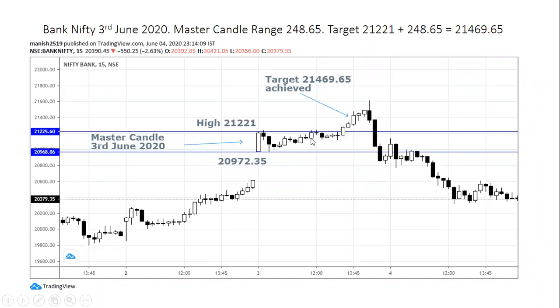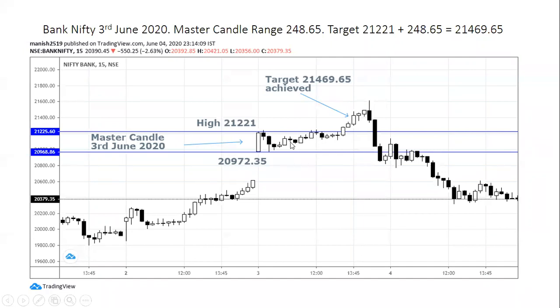So if you do 15 into 15, this was a 225 minutes long consolidation, and finally we got breakout in the 16th candle. So guys, I can say this was healthy consolidation. By healthy consolidation, I mean from morning till 1:30 or 2 p.m. price was just moving inside the master candle. Whenever you see this kind of consolidation, this is known as healthy consolidation.